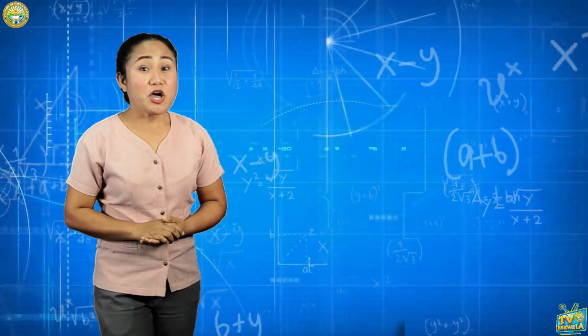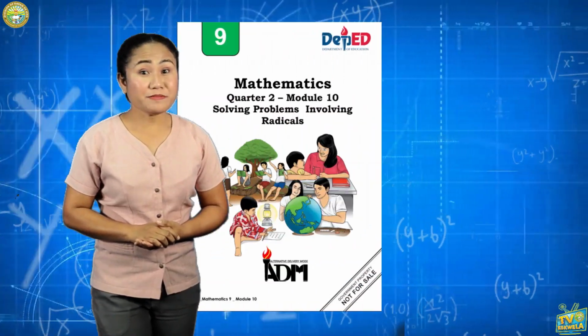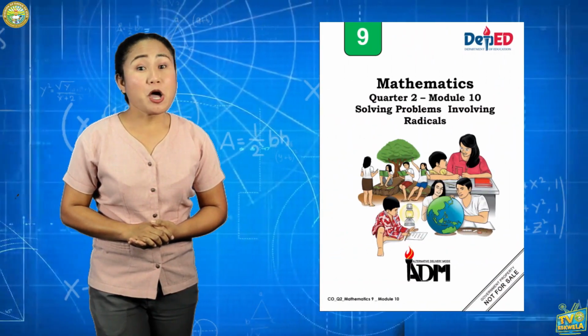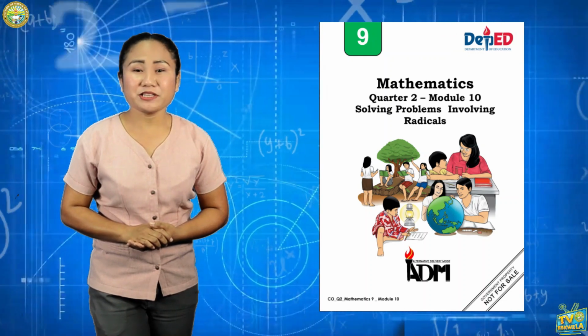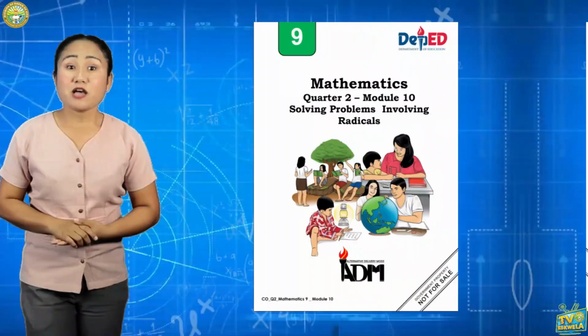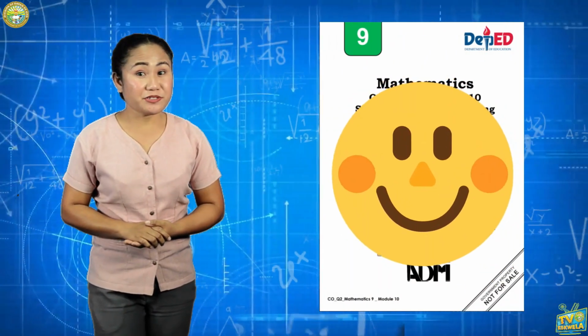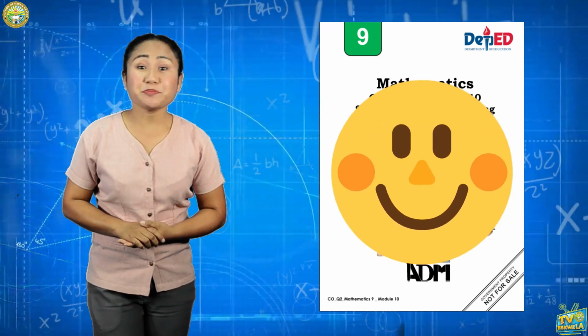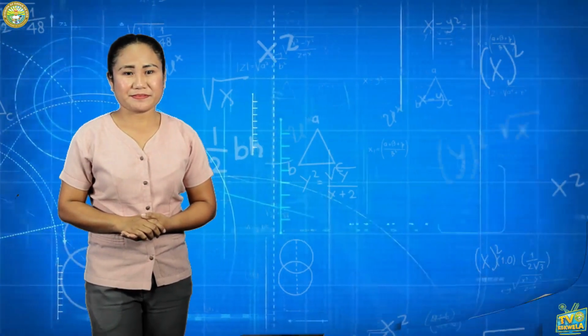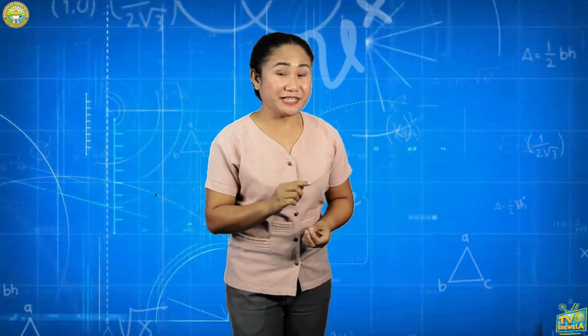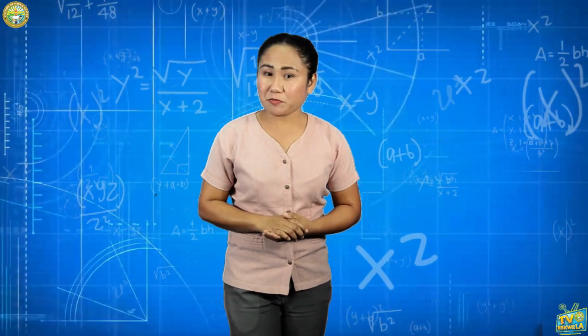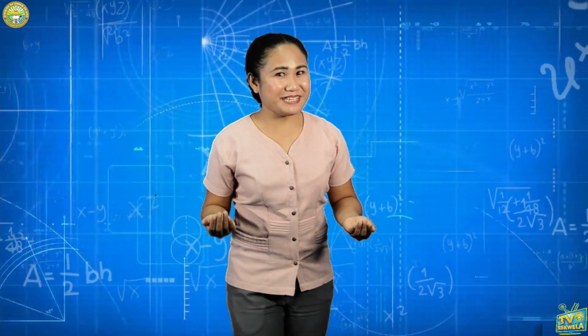I guess you are now ready to accomplish the different activities provided in your self-learning modules. Try to check your answers with the key to answers provided. Keep on practicing, then you'll get used to it. And every math problem will seem easy. Best of luck!